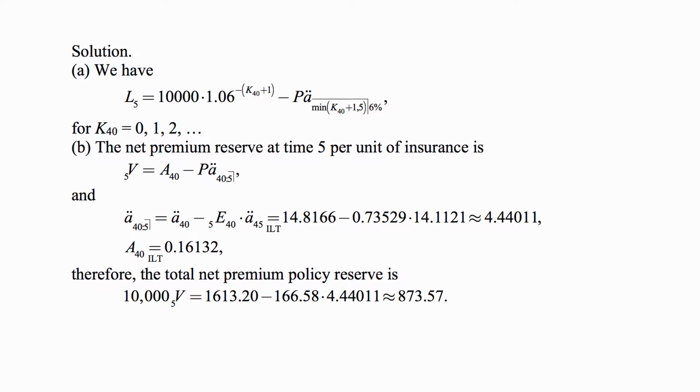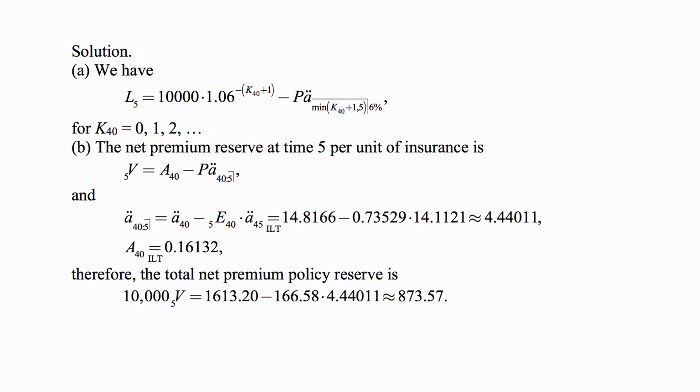And then the total net premium policy reserve is for 10,000 of face amount, that's why it's 10,000 times 5V, and that's 1,613.20, that's 10,000 times 0.16132, minus the premium that is given as 166.58 times 4.44011, the annuity factor that we found.